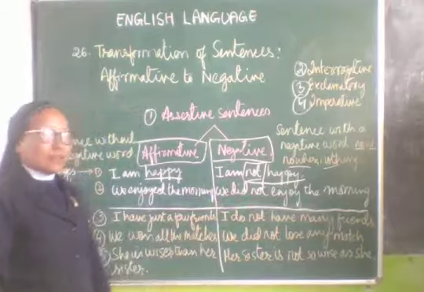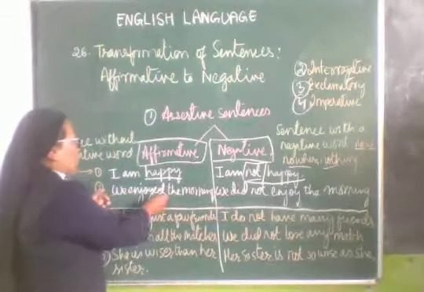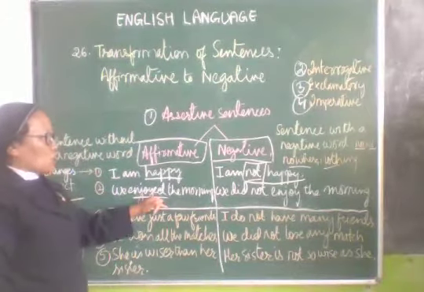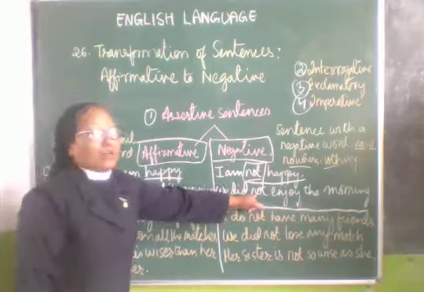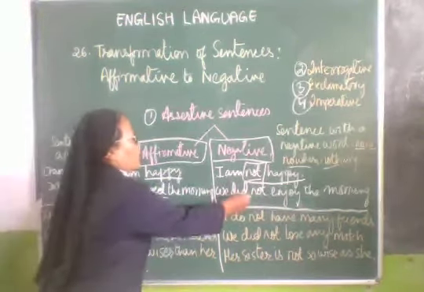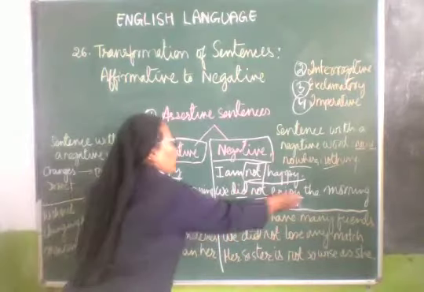So here, we keep the subject as it is, and then enjoyed, verb, simple past. Here in the negative, we have to use the word not. So I take the help of a helping verb, did, because it is past. So did not enjoy.